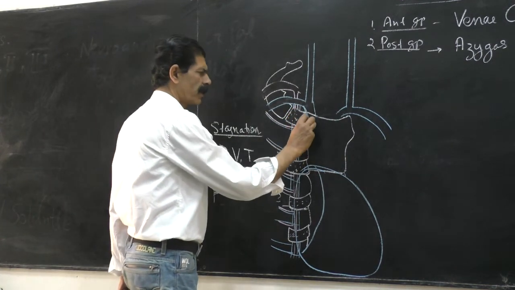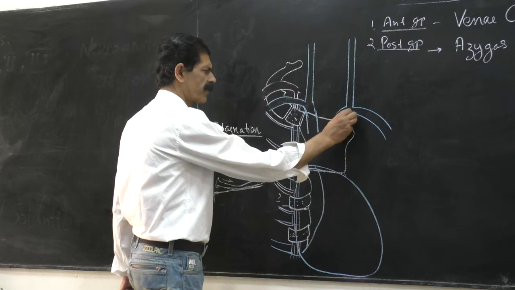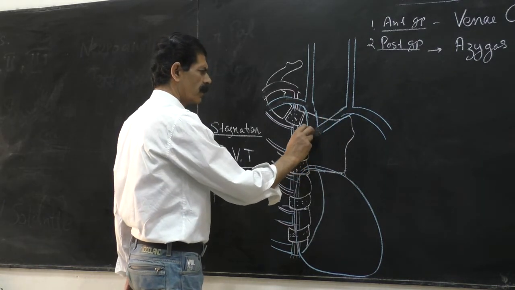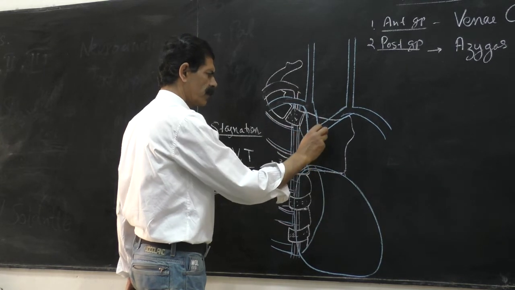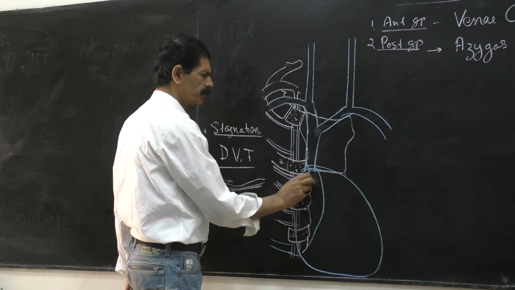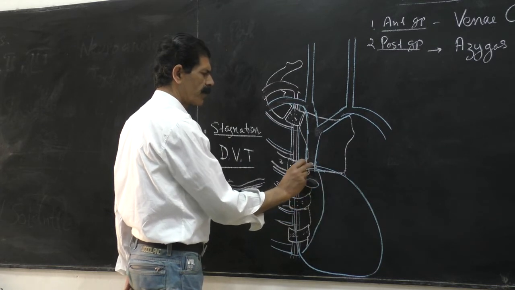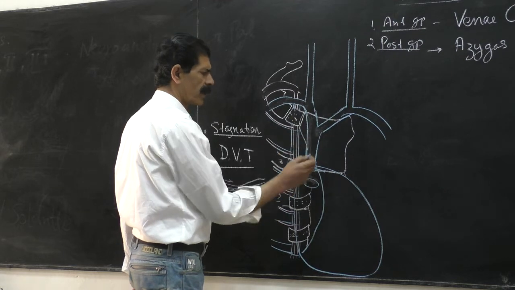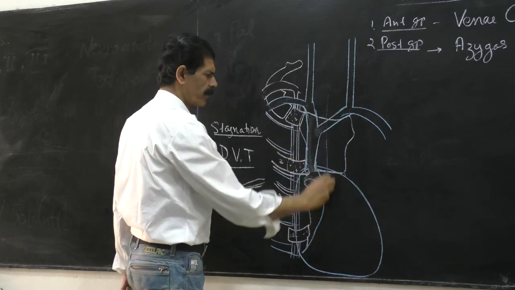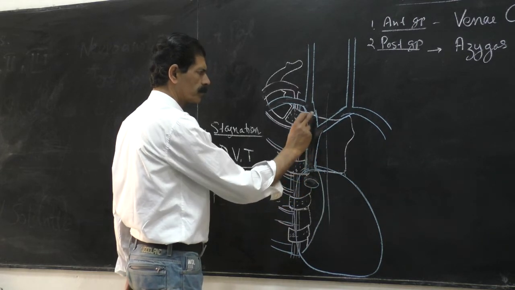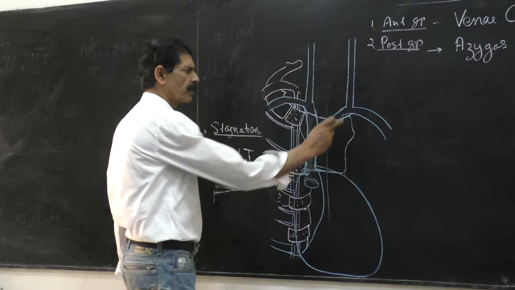So this is how the right brachiocephalic vein and the left unite to form superior vena cava, which opens into the right atrium after piercing the fibrous pericardium on the right side of the midline of the body. So that is the venous system.